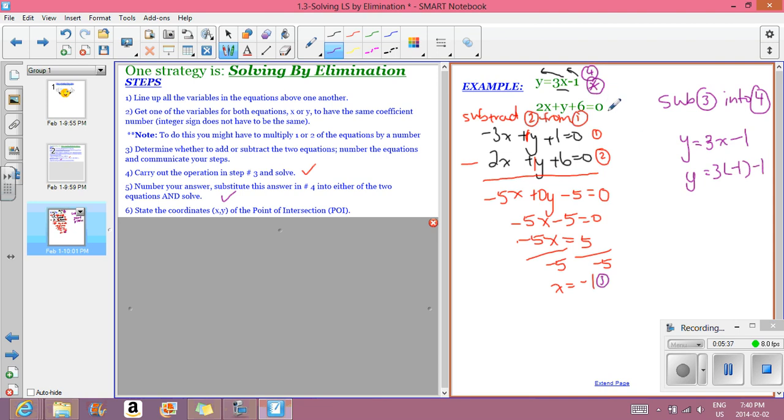And again, I could have picked any of these equations. And now we solve: -3 - 1, y = -4. And then the last part is to state the point of intersection. So therefore, the POI is x, which is right here we solved for -1, and y, which is right here, -4.